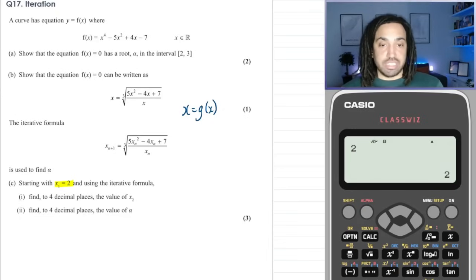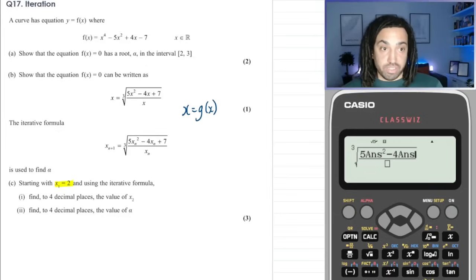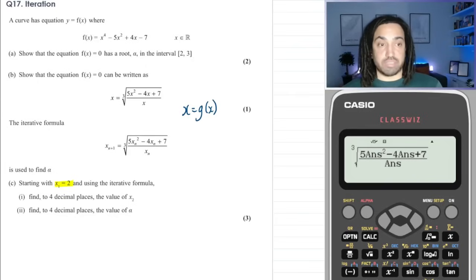And then to find the next x value, you need to set up the iterative formula, which is the cube root of a fraction: 5, and we're going to use the answer for the previous x, minus 4 times the previous x, which again we're going to use answer, plus 7 divided by the previous x. Perfect. So pressing equals, this will give us x2.